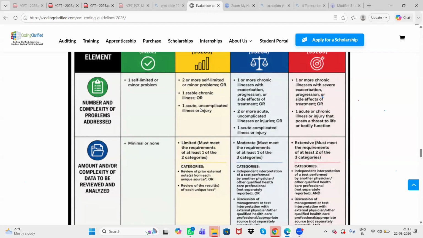These will fall under uncomplicated illness. What is an uncomplicated injury? Examples: simple laceration, abrasions. These will fall under the uncomplicated injuries.